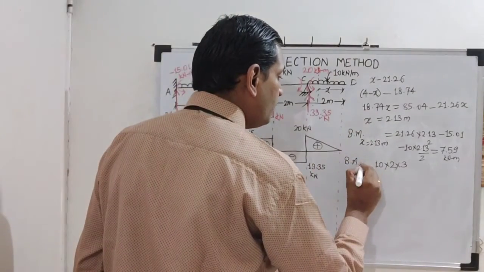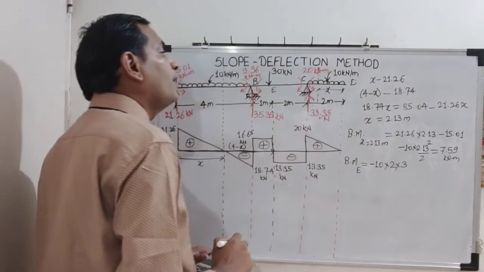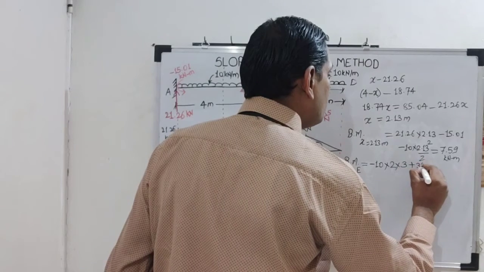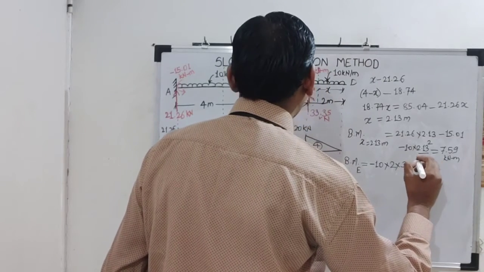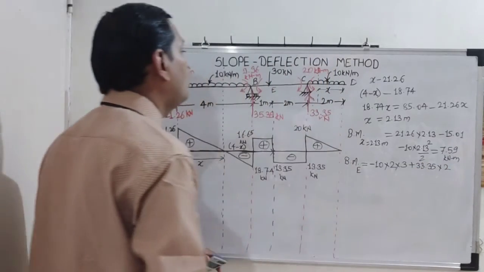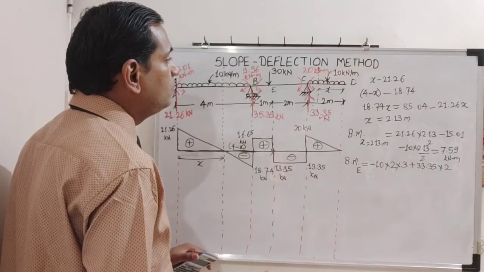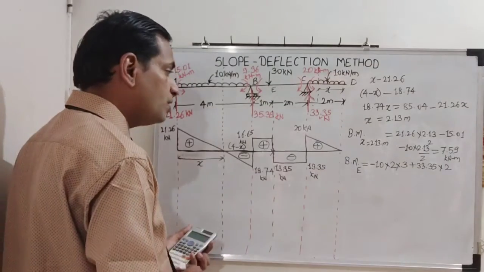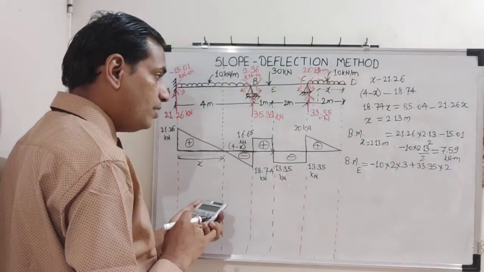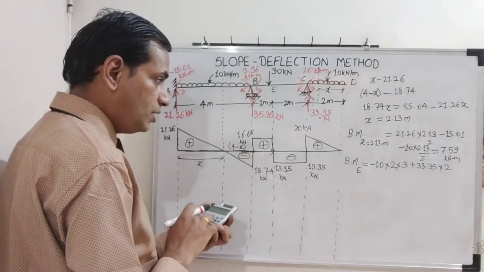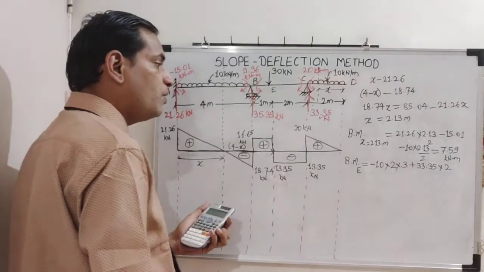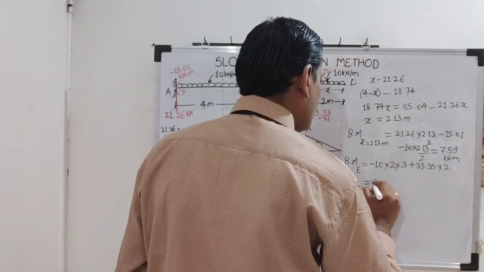Please remember, that will be minus. Then 33.35 will be plus because it is anti-clockwise on the right hand side of the section. So plus 33.35 into 2. And that's it, only two things are there. So 33.35 into 2 minus 10 into 6. The answer is 6.7 kilonewton meter.